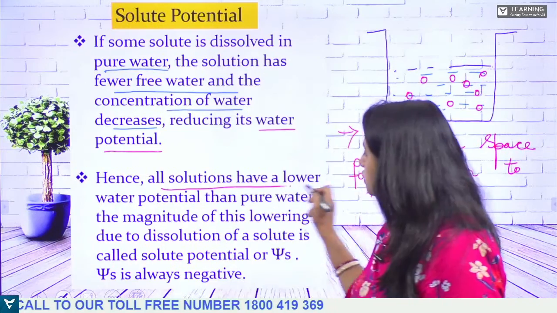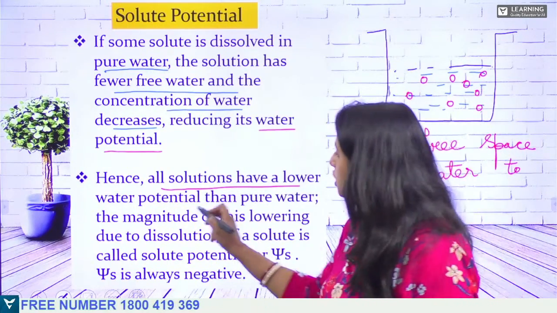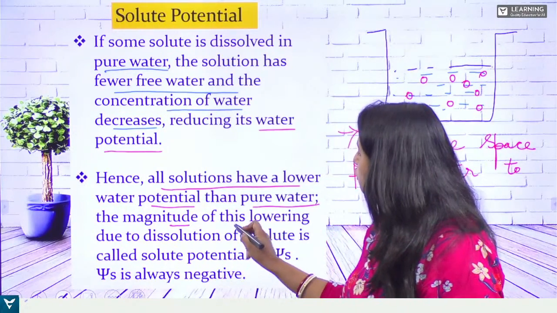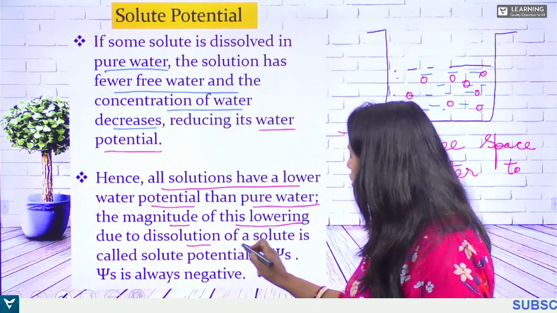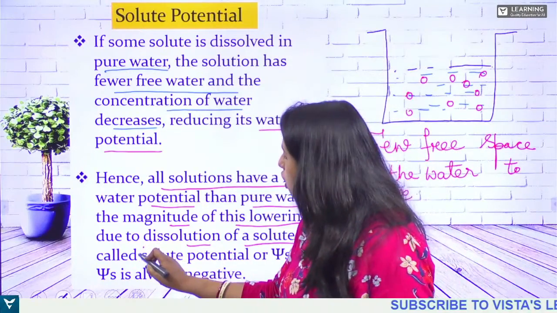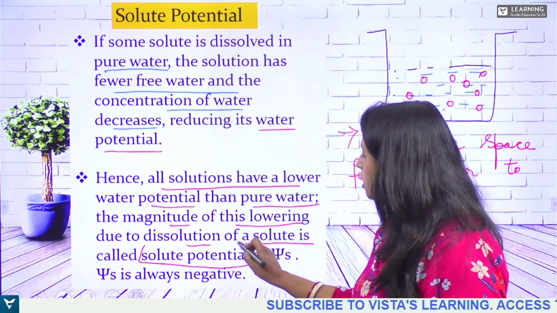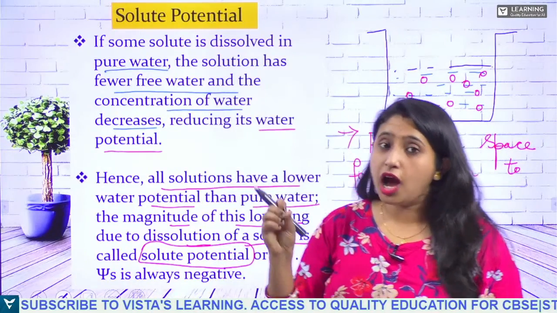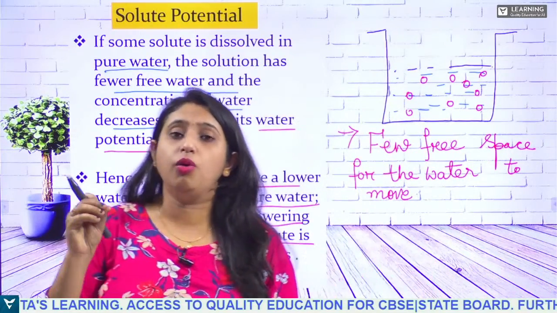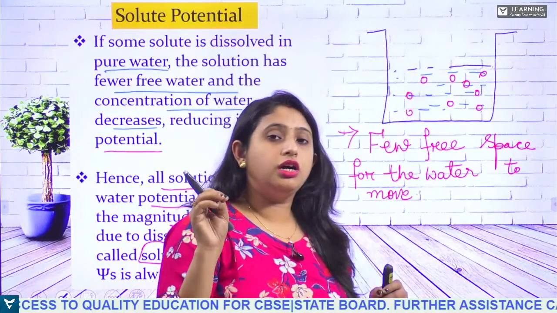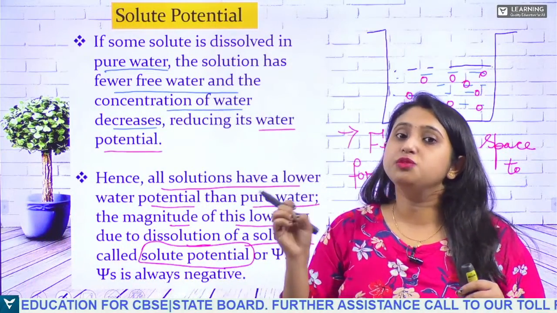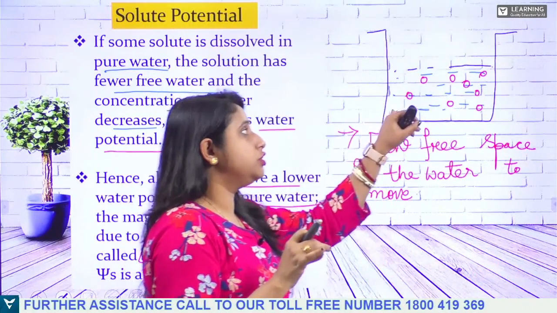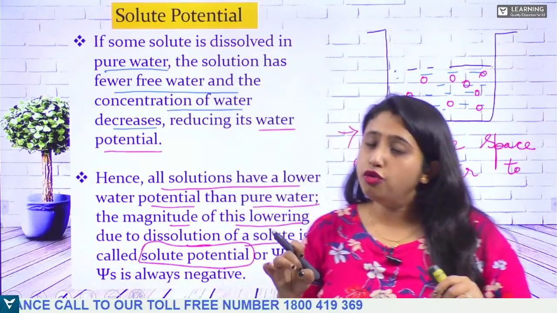Hence all solutions have a lower water potential than pure water. The magnitude of this lowering due to dissolution of a solute is called solute potential. Because of the solutes, the water potential is reduced, since the water cannot move freely.